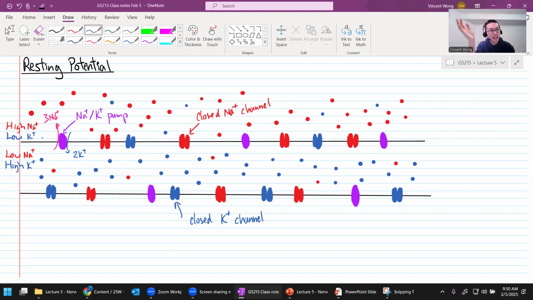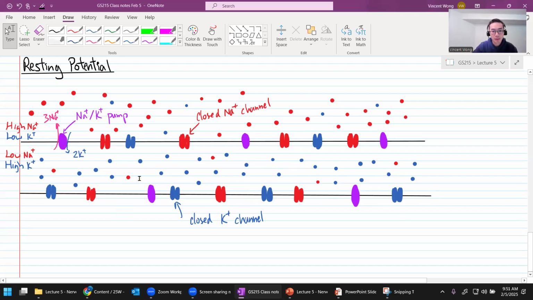Think of this as like Black Friday or something. All the customers are lining up outside of the mall. They really want to come in, but all the doors are closed. They have to wait for the opening hours. They have to wait for the opening voltage. Once the doors open, then they will come in. Same thing for the blue stuff.